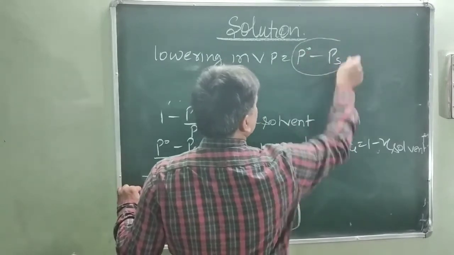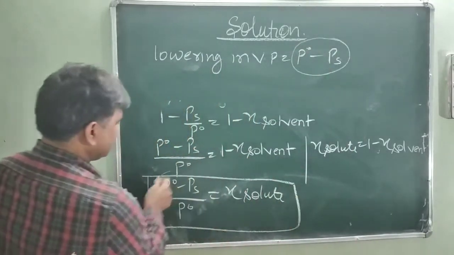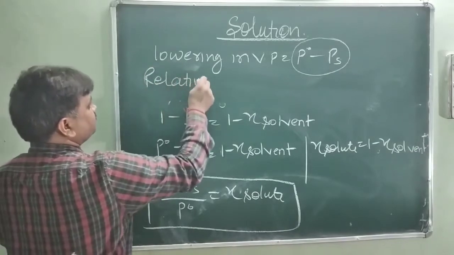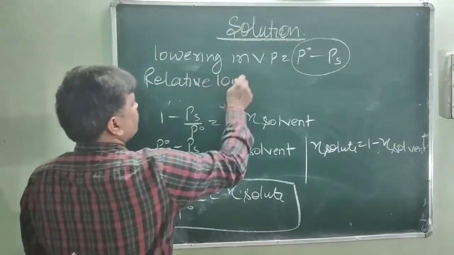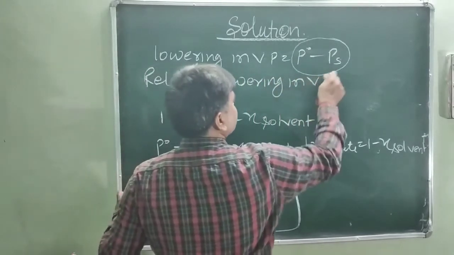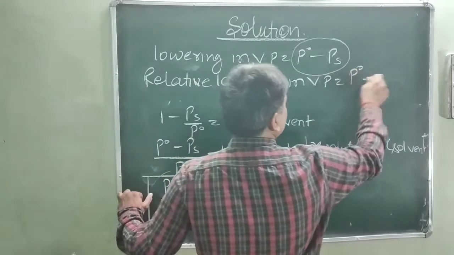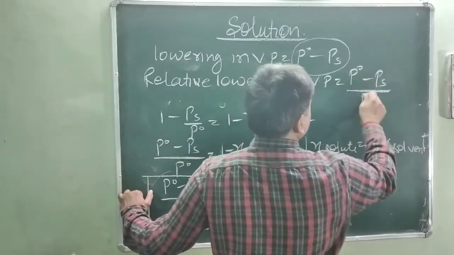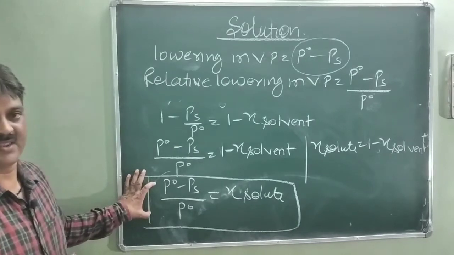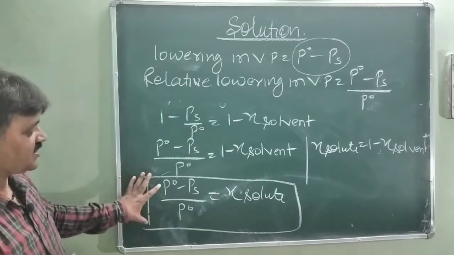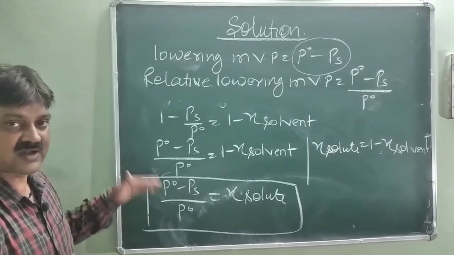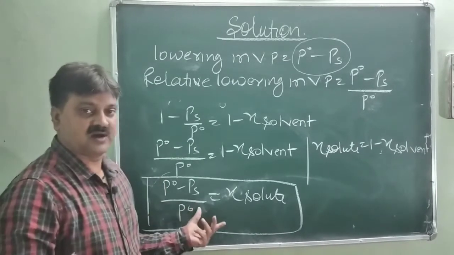But this value, P naught minus PS upon P naught, is called the relative lowering in vapor pressure. So from this Raoult's law formula, we can define Raoult's law.